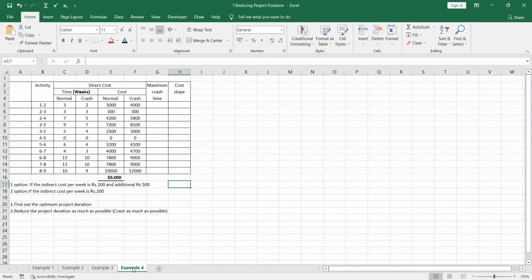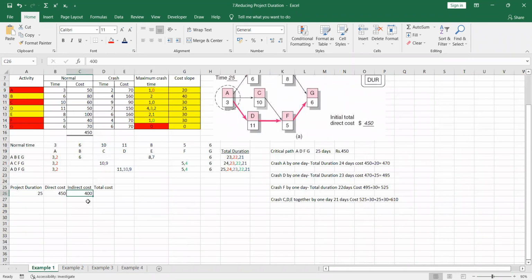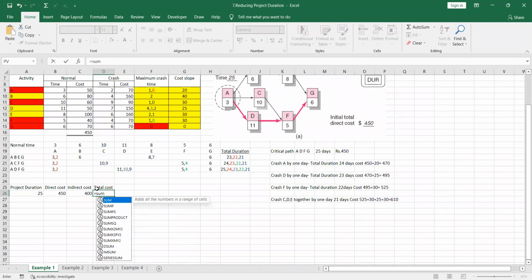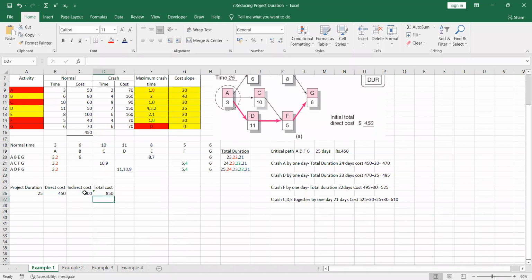For example number 4, I will give you that the indirect cost per week is 200 and additional 500. Likewise, you will get the indirect cost. But for example number 1, you have to assume that at the project duration of 25, indirect cost is 400. You take the summation of direct and indirect cost and you get the total cost, which is 850.